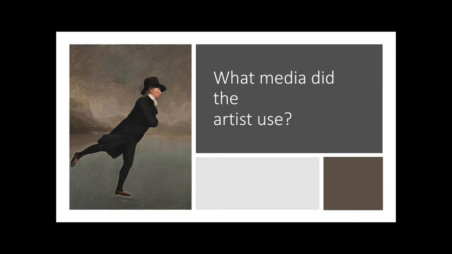Could it have been done in pastels? Could it be pencil or chalk? Could it be a print? We've done some printing in school. Could it be a collage? Is it made of clay? Is it a photograph? Is it fabric? How do you think this piece of artwork was created? Pause the video if you need some time to think about that.